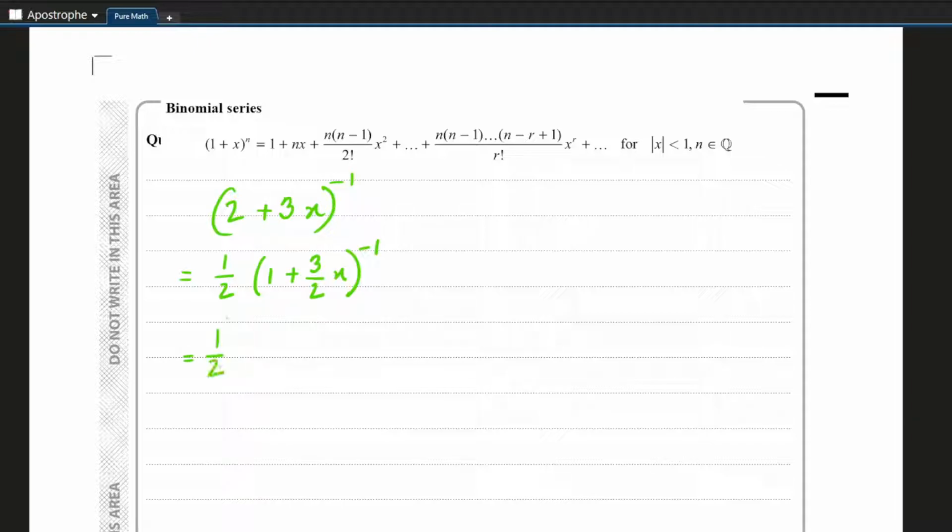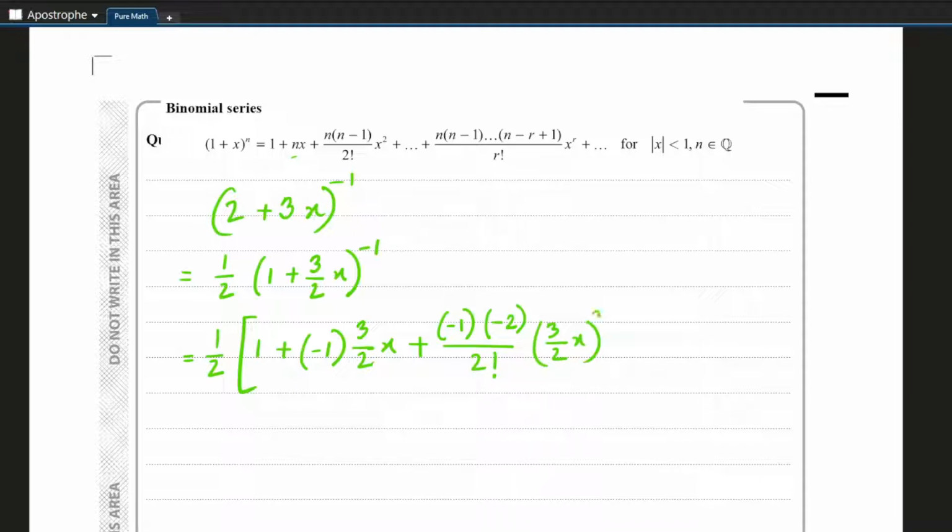I'm keeping the half there, and 1 plus n, which is negative 1, and then x, which is 3 over 2x, plus n, which is negative 1, n minus 1, which is negative 2, divided by 2 factorial, 3 over 2x whole squared.